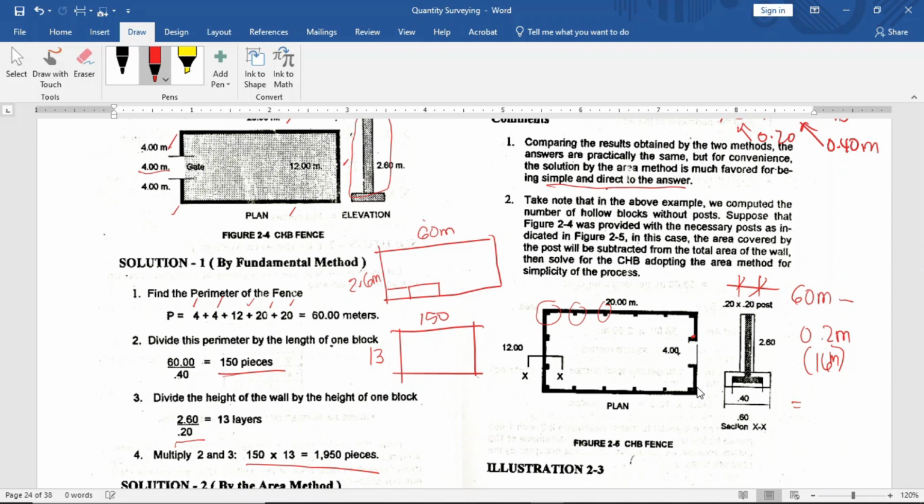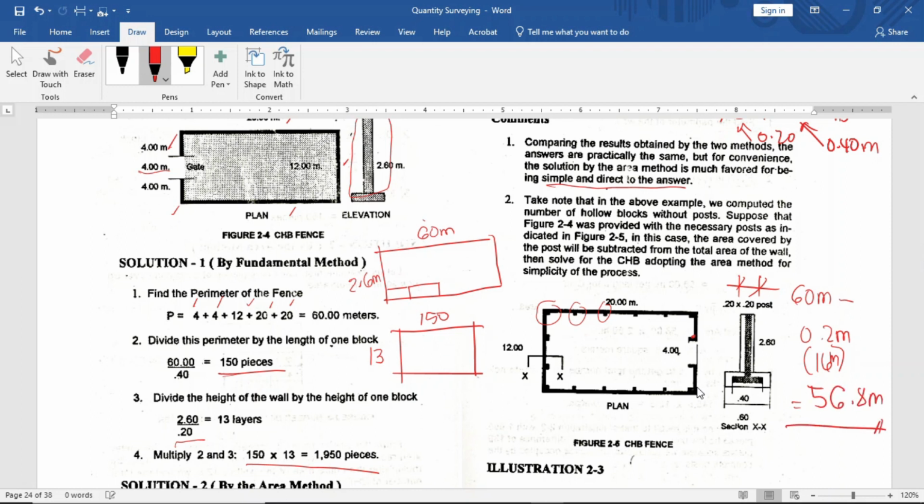So, yan yung total length ng wall natin deducted by the number of posts. So, yung total na consider nating length para sa wall is 56.8 meters.